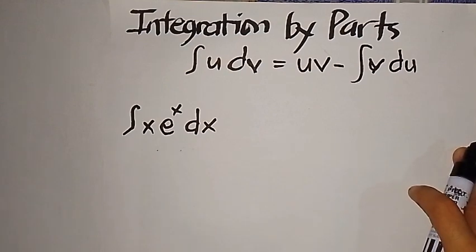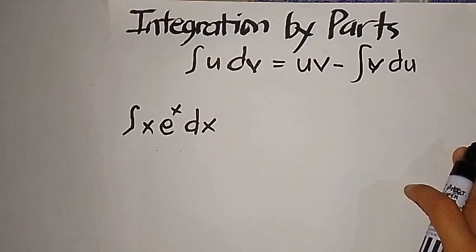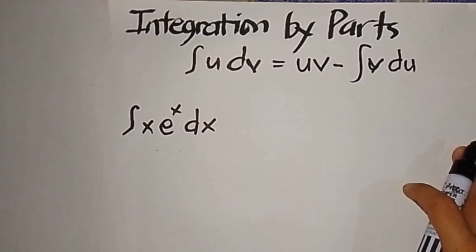Remember that in choosing u, choose something that becomes simpler when differentiated. And for dv, choose something whose integral is simple.